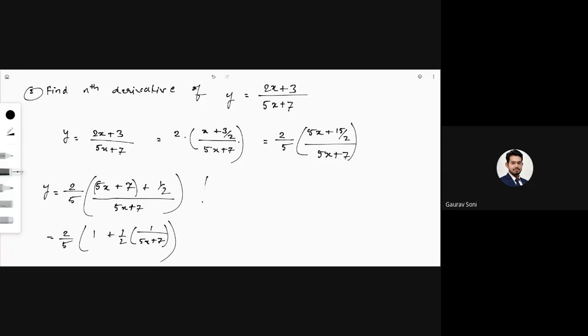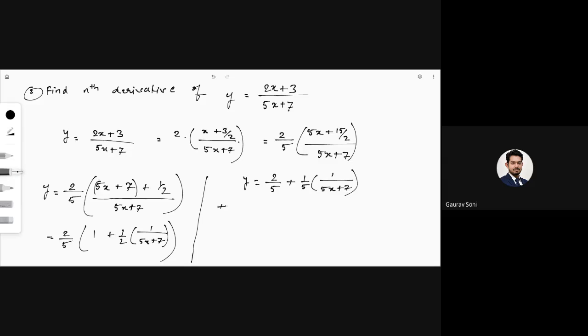Then let's just open the bracket. So what we have, y is equal to 2 by 5 plus 1 by 5 in bracket 1 upon 5x plus 7.